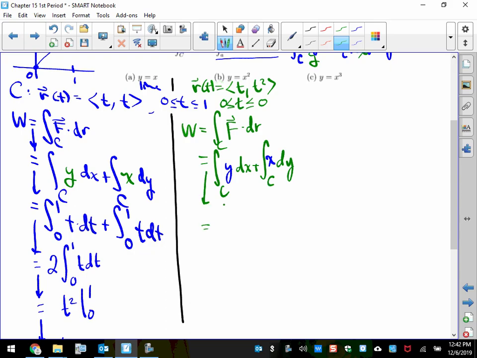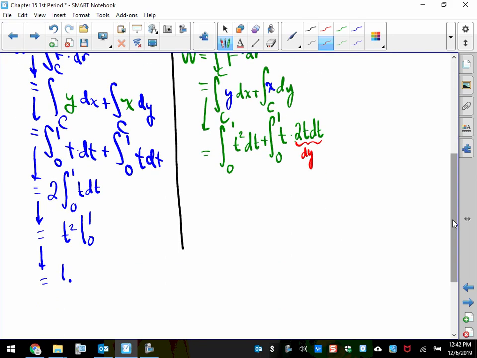And y is t squared, so this is going from 0 to 1 of t squared dt, plus the integral from 0 to 1 of x is t. What is dy, though? So dy is going to be the change of variables. y is t squared, so we want 2t dt as dy. So let's write that out here. This is dy.